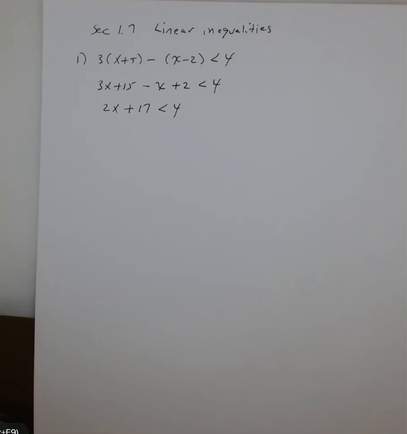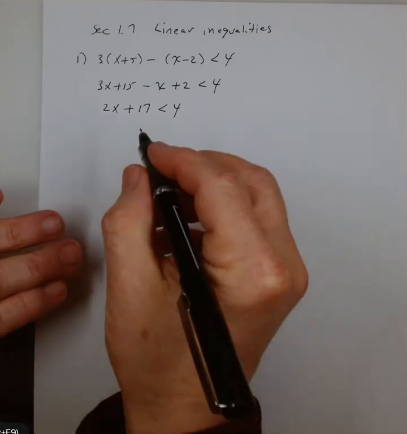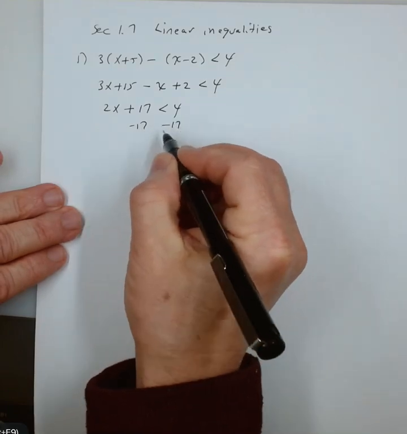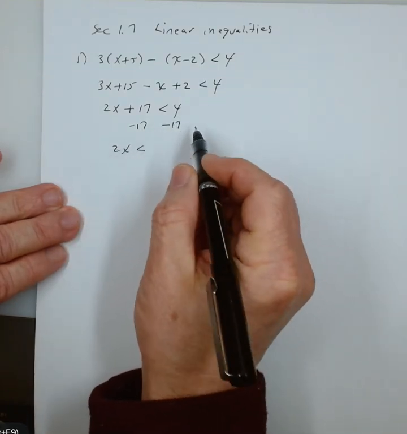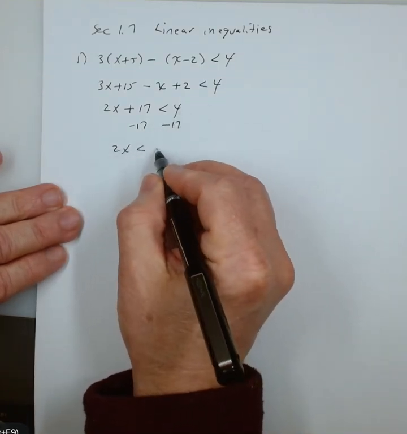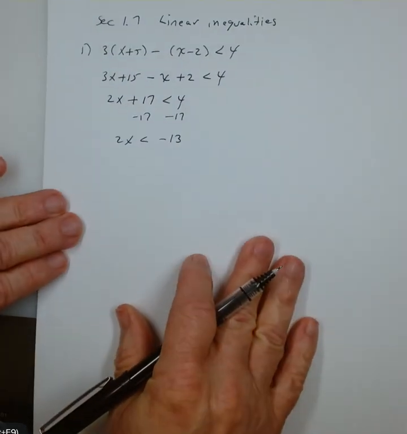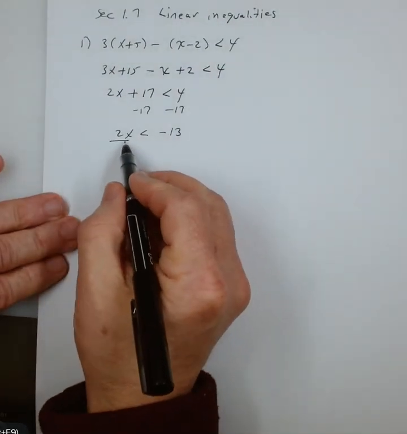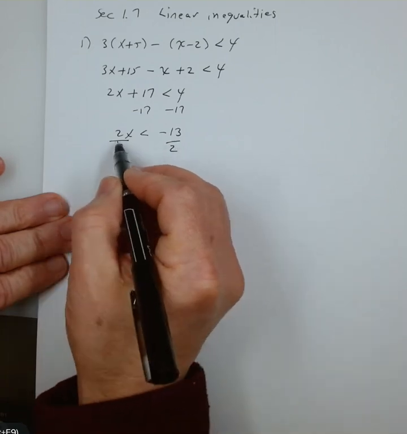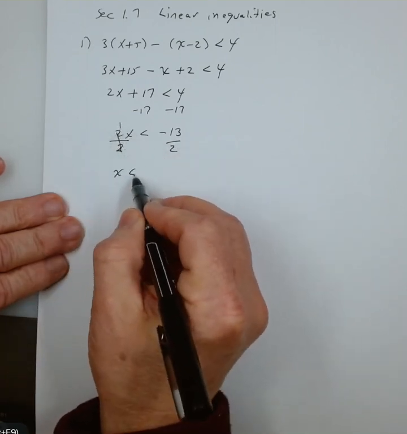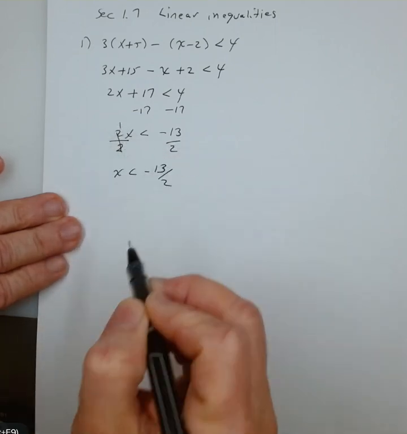Subtract 17 from both sides. So you get 2x is less than, and then what's 4 minus 17? All right, and then what's the next step? Divide both sides by 2. So I get x is less than negative 13 halves.